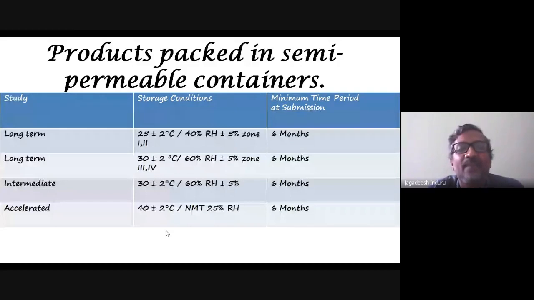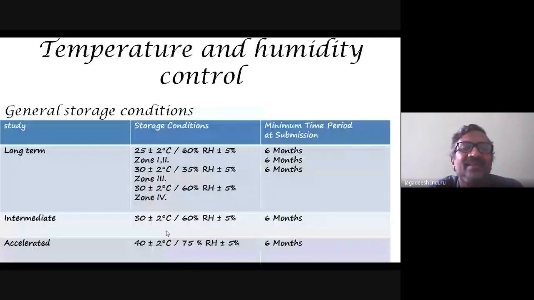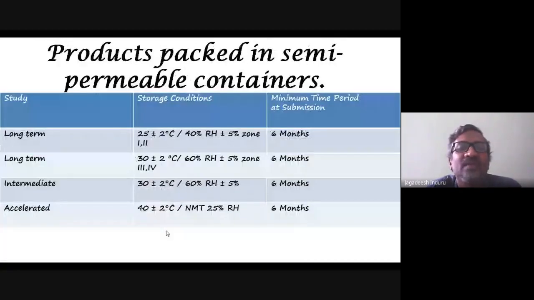If you look critically here, in zone 2 there is a variation, because it is semi-permeable, so it has access in and out. So it is increased to 60% RH in the case of semi-permeable containers, as they have environmental factors coming in.